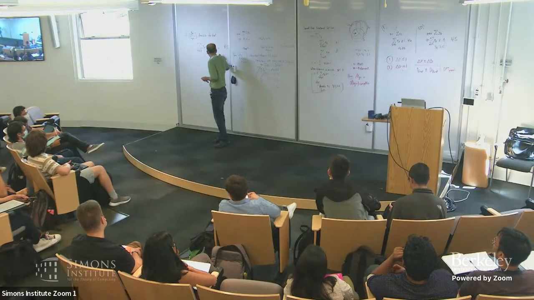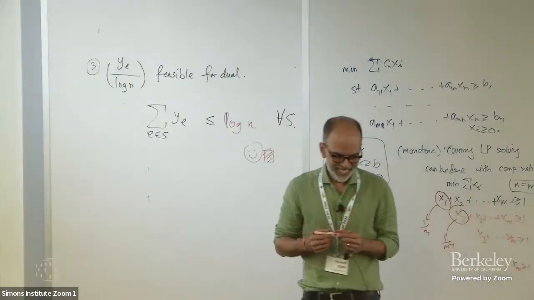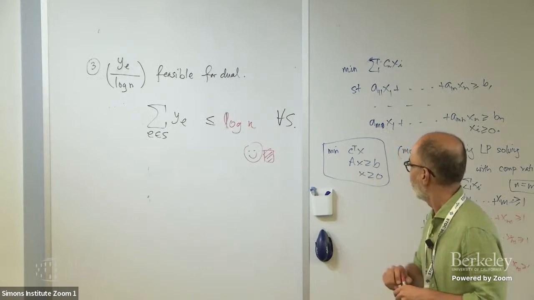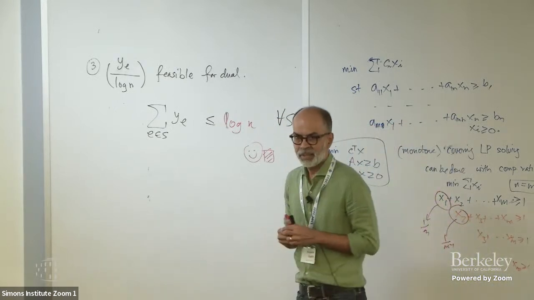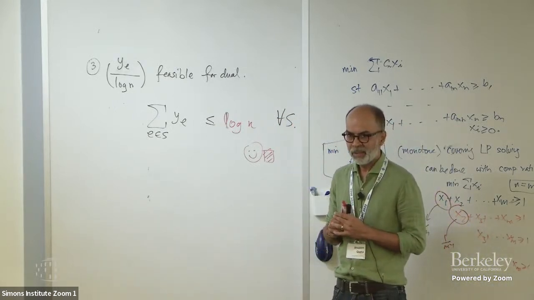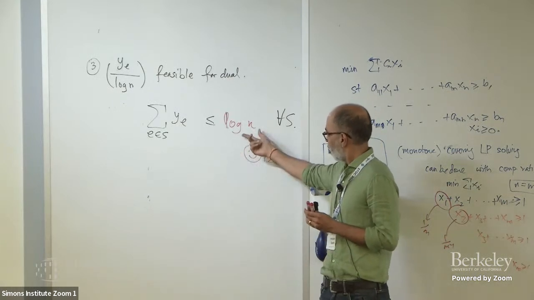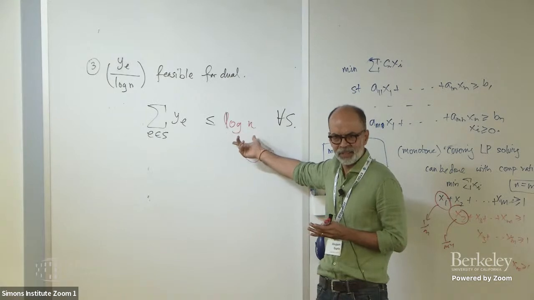Here we have the summation of Y_E in the set S, so why don't we have the size of S on the right? We could have, so we could optimize this thing further.